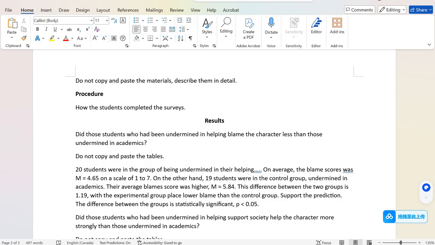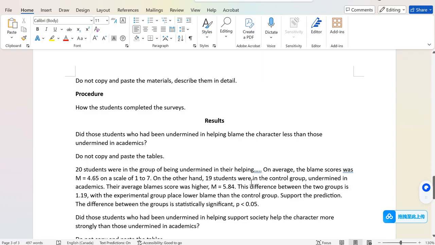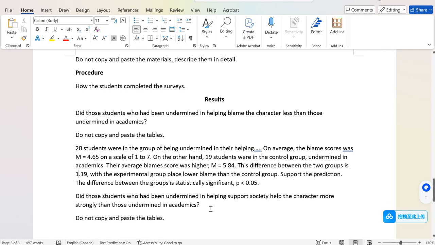This means that it's unlikely to be due to chance. The difference between the two groups was 1.19. This difference is way above 0, and it is not due to chance. It must be the undermining. The two groups were undermined on different areas. That must have produced the difference of 1.19.